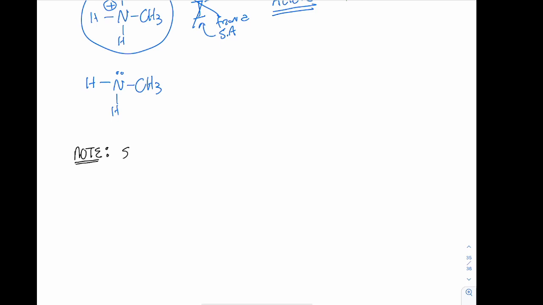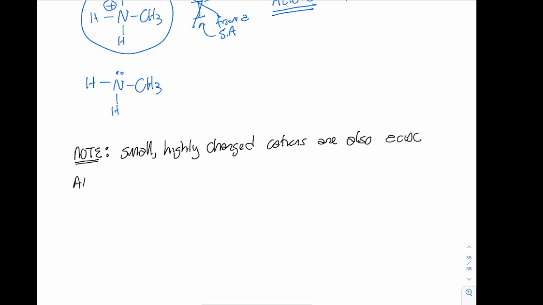So small, highly charged cations are also acidic. So something like aluminum, magnesium, right? Both of those can react with water to produce hydroxide ions.